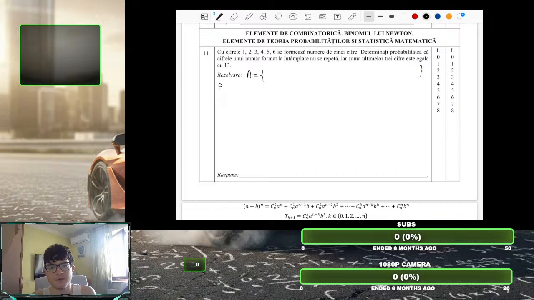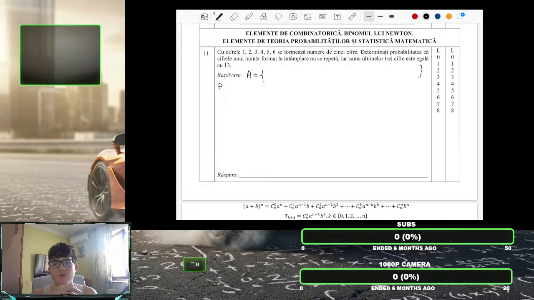Find the probability that the digits of a number formed don't repeat, and the sum of the last 3 digits must be 13.